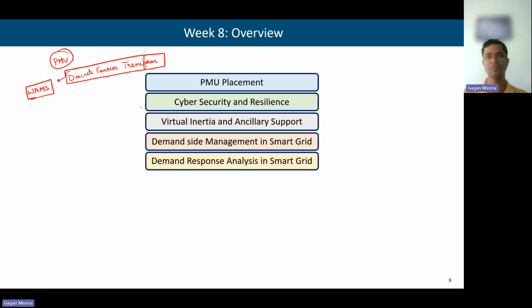Then the next topic we discussed was cybersecurity and resilience. We all know that with the increasing advancements in IoT devices and communication infrastructure, technology like cyber physical systems has evolved, and the interaction between the physical and cyber layer is increasing at a rapid rate, which always has the potential of cyber theft and cyber attacks.